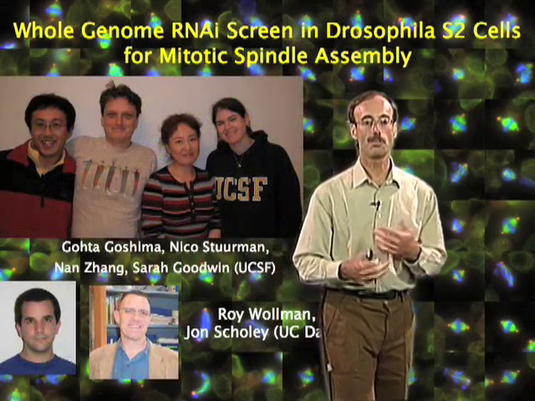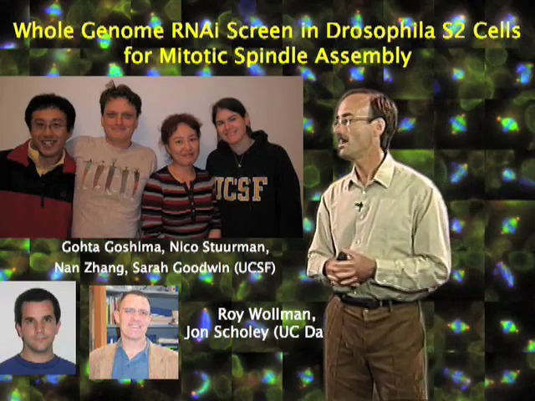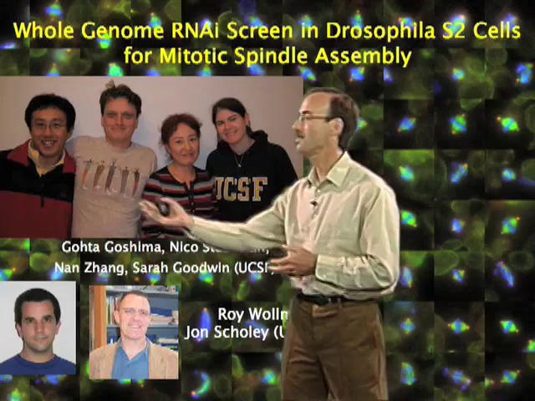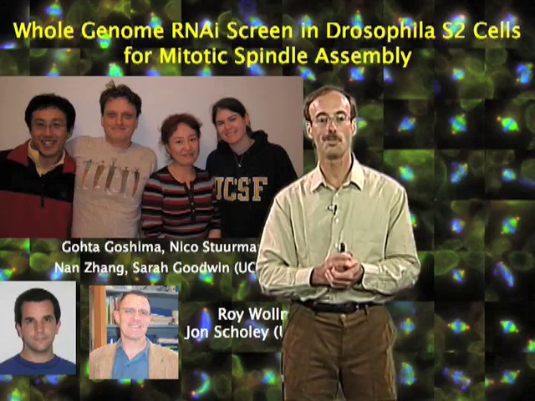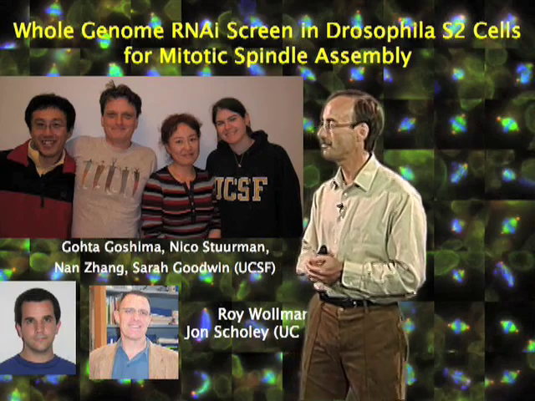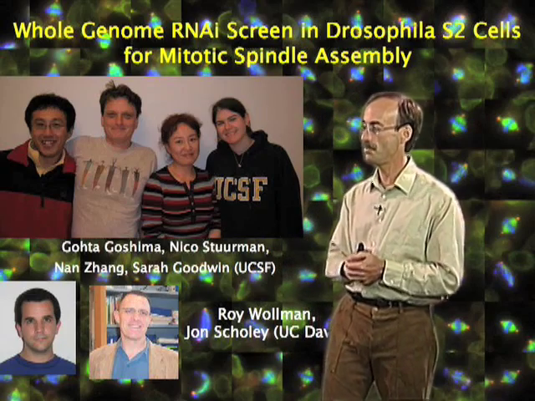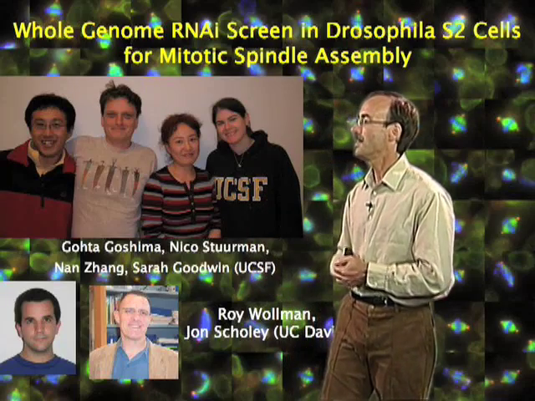And this work was executed by a very talented group of people. The leader of this project was Goto Goshima, who has now started his own laboratory in Nagoya, and Nico Sturman, who's senior research scientist in the lab that developed a lot of the technology infrastructure to make this happen.